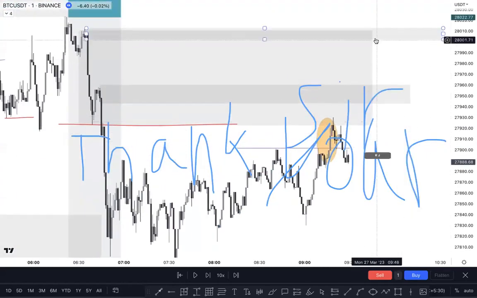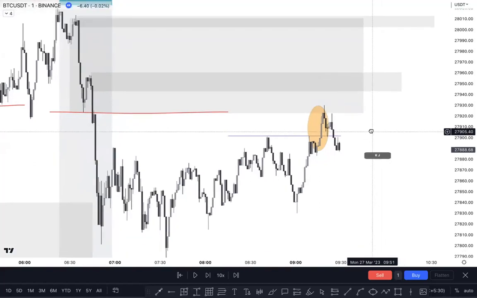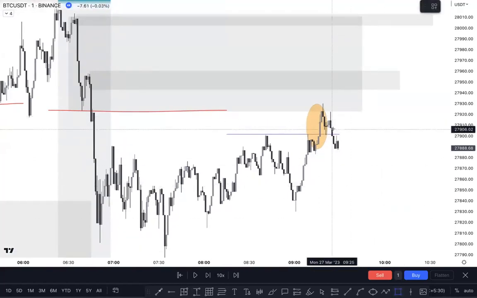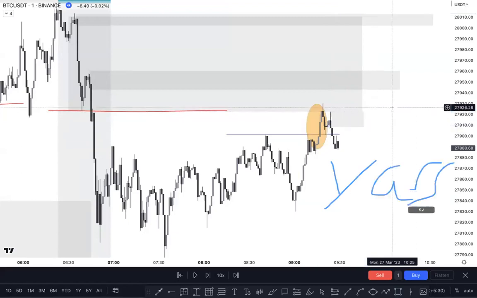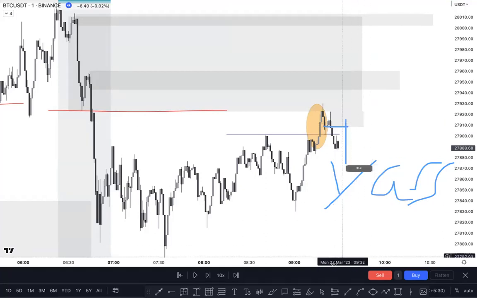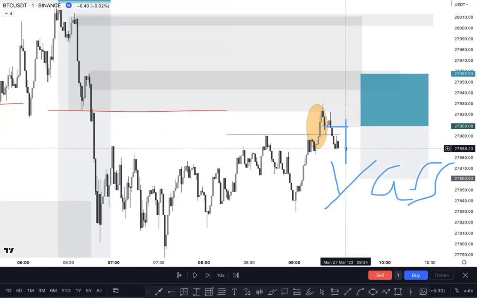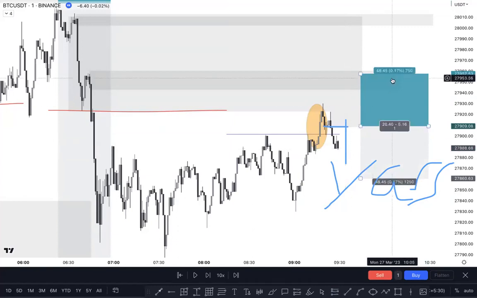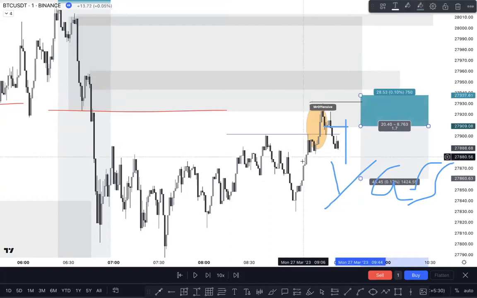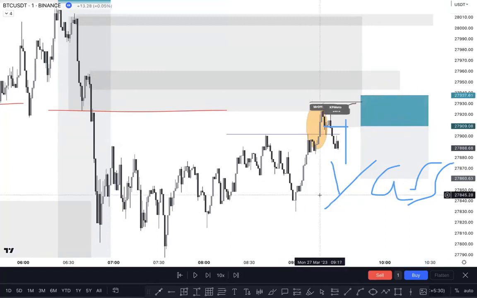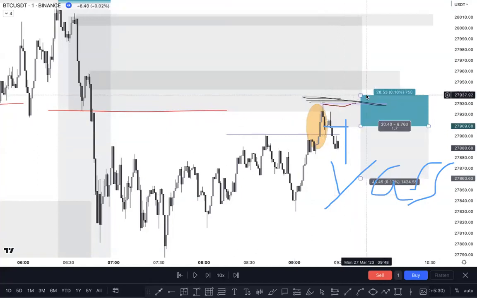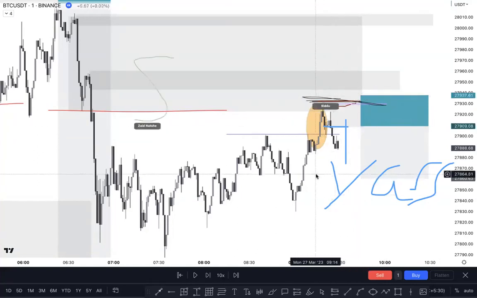So where is the order block in this case? You can see this one, only this one, correct? So you can sell here, correct? But where is the stop loss? Just above it. Perfect. Exactly. Correct. So this one, stop loss just above it.